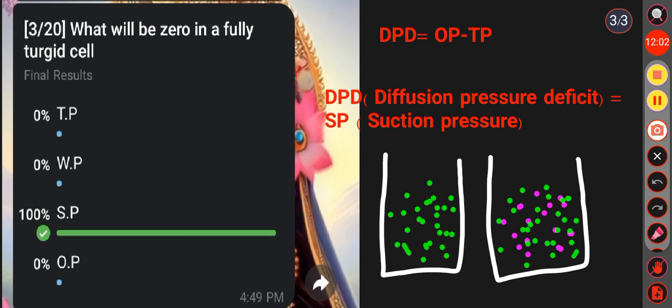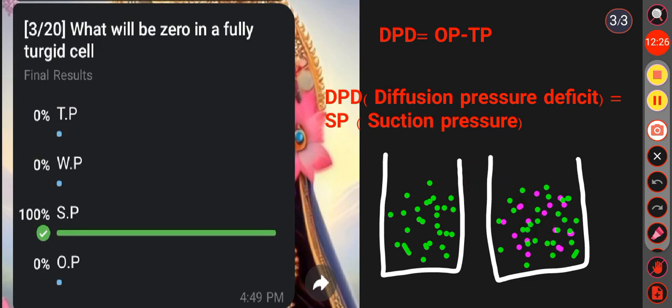Can you get my point? So, to remove the deficit, the solution would absorb more solvent molecules. In this way, DPD is the water absorption capacity of a solution. The amount of water sucked by a cell from outside to inside due to pressure is known as suction pressure.